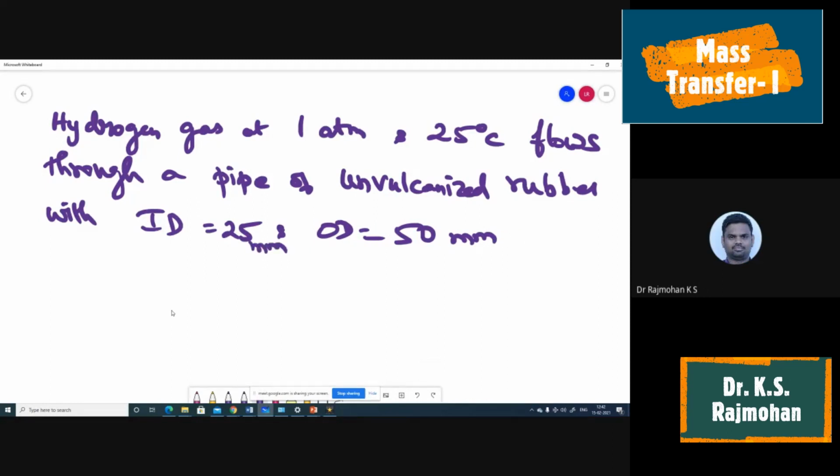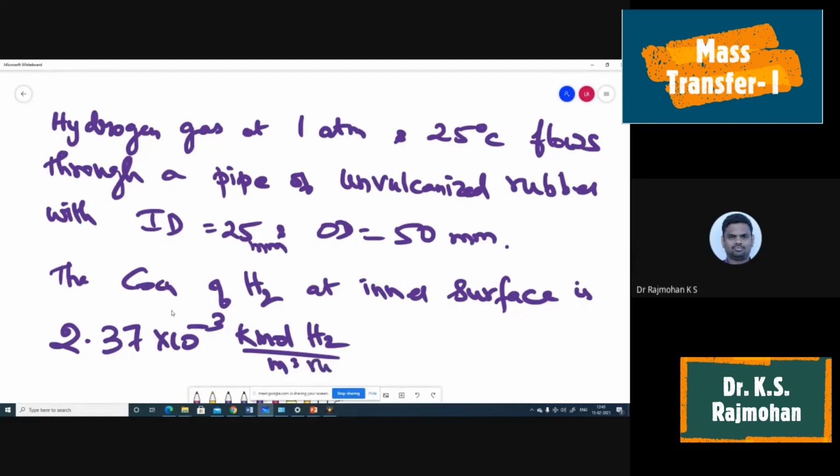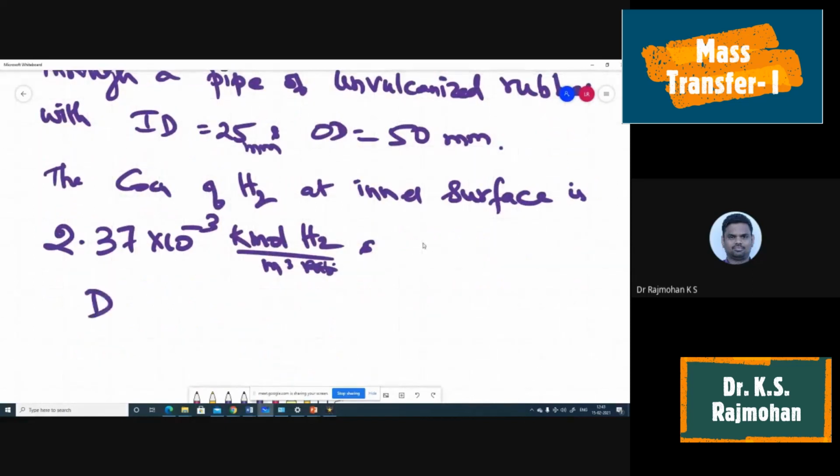The concentration of hydrogen at the inner surface is 2.37 into 10 power minus 3 kilomoles of hydrogen per meter cube of rubber, and the diffusivity of hydrogen through the rubber is given.